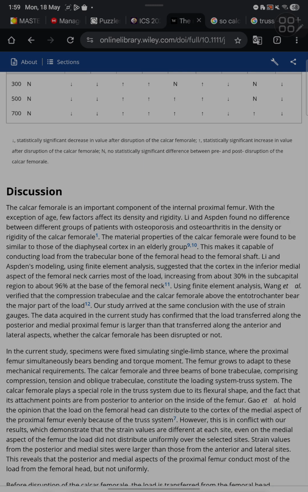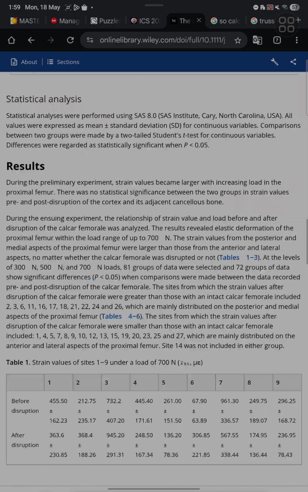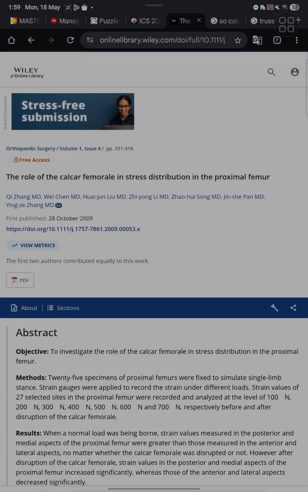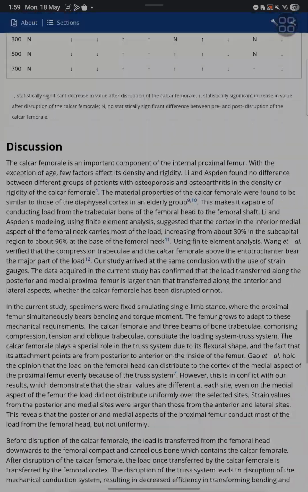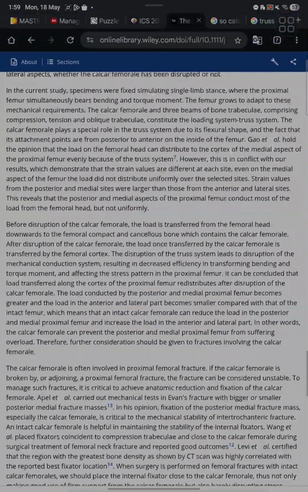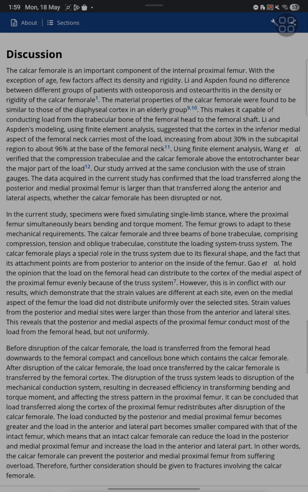And I found a research paper on this in a journal library. I put the link in the description, and I took a few important points from it to discuss the importance of the Calcar Femorale.